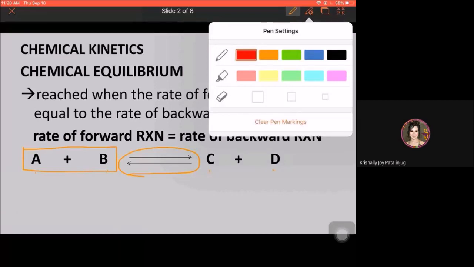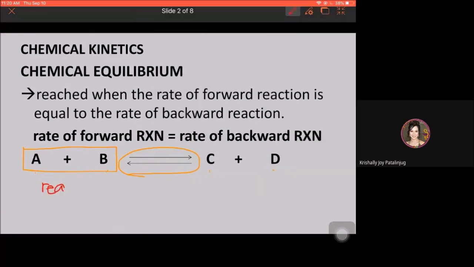Take note ha. And these substances formed upon the forward reaction ng reactants is the products. Okay? So again, this is an example of a chemical reaction at equilibrium state.